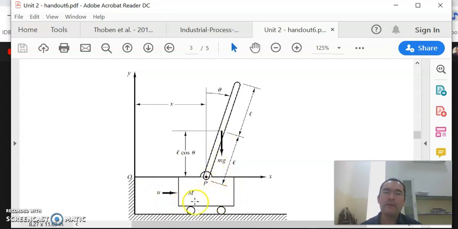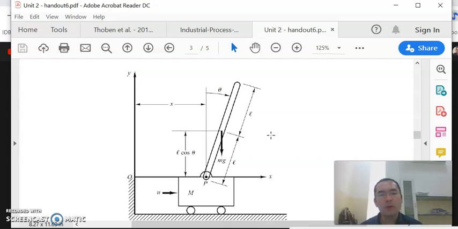So maybe by applying some force here, you will be able to make the angle theta, which is the angle between the vertical axis and the rod that is mounted here, zero. In general, we assume that the control problem here is to make this angle zero, which means that you are stabilizing the inverted pendulum.